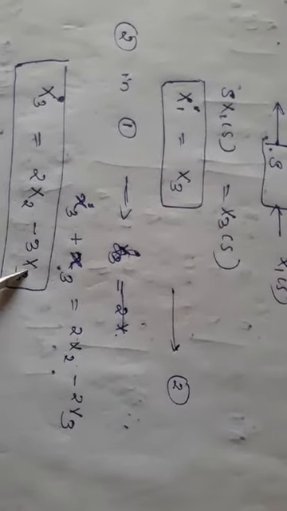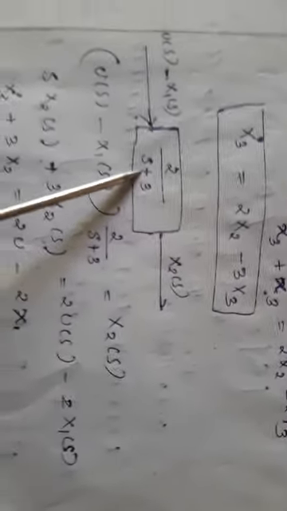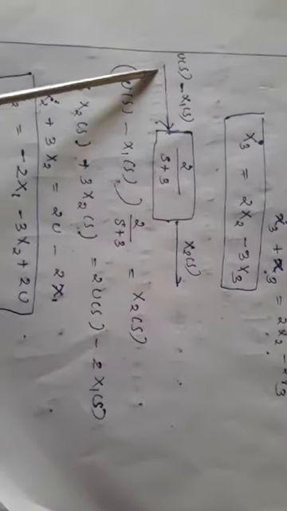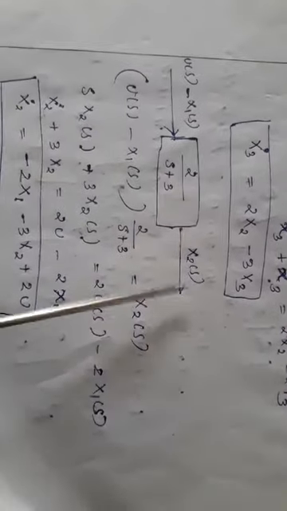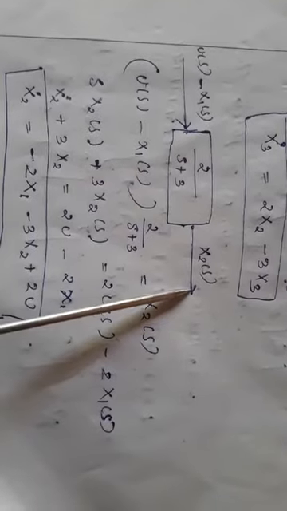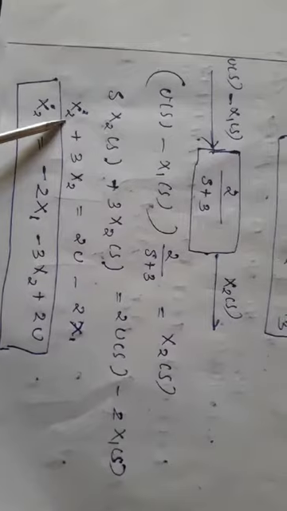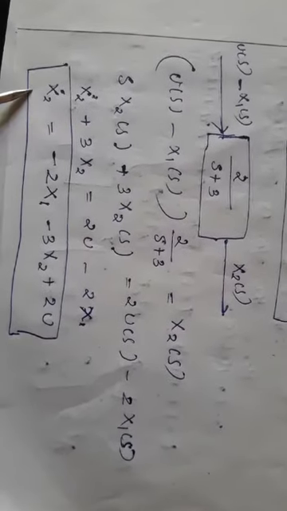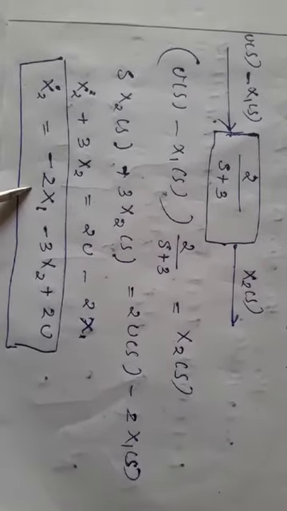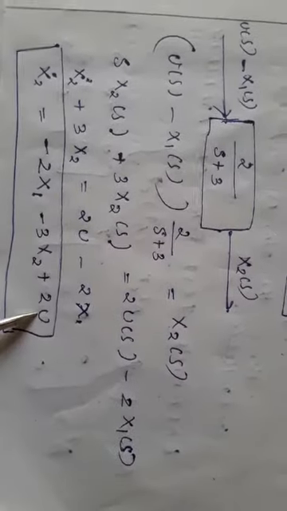So, to get x2 dot, we are considering the rest of the block. Here, the input is u of s minus x1 of s and the output is x2 of s. Now, cross multiplying and then taking the Laplace inverse, we will get x2 dot is equal to minus 2x1 minus 3x2 plus 2u.